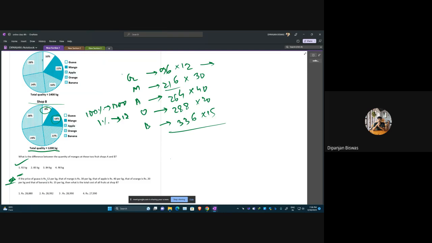Otherwise you have to do all the multiplications here, then add all the data. But if you want to find the unit digit, then you can see the unit digit will be 2. And only one option has 2 as a unit digit. So without calculating any of the data, you can get to the direct answer.